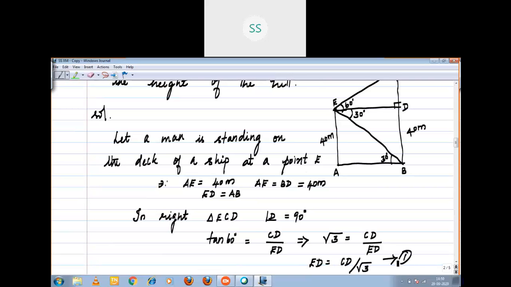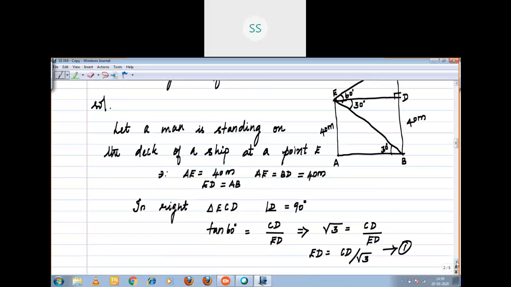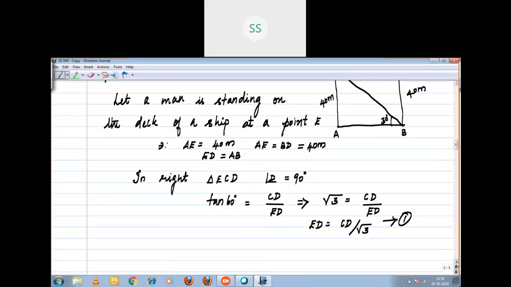Now, ED equal to CD divided by root 3. Equation number 1. Now we'll pass on to the next right triangle. Which is your next right triangle, children?